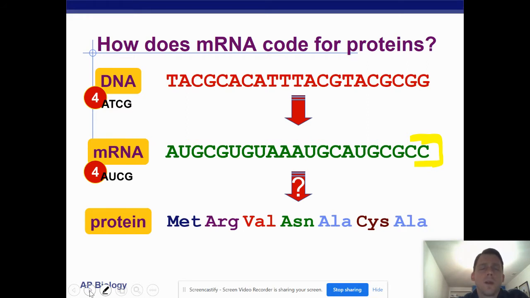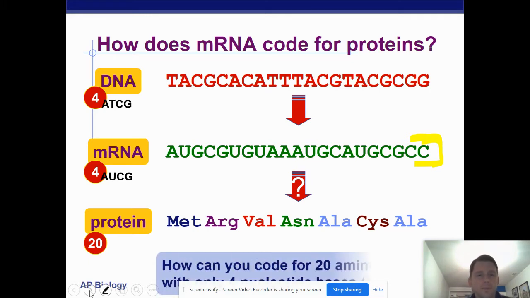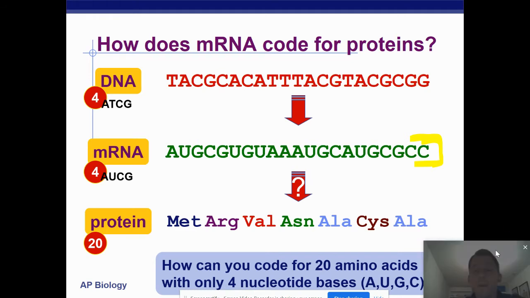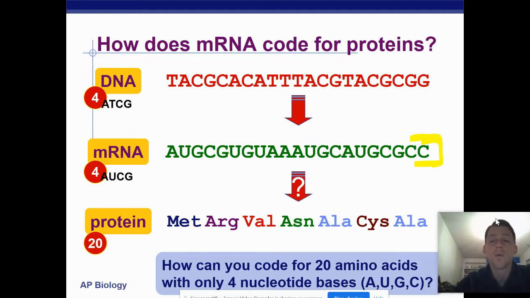RNA, once it is produced, is going to make proteins, and these proteins are going to be coded for by the mRNA. But the question is, how can you code for 20 different amino acids with only 4 nucleotide bases, right?